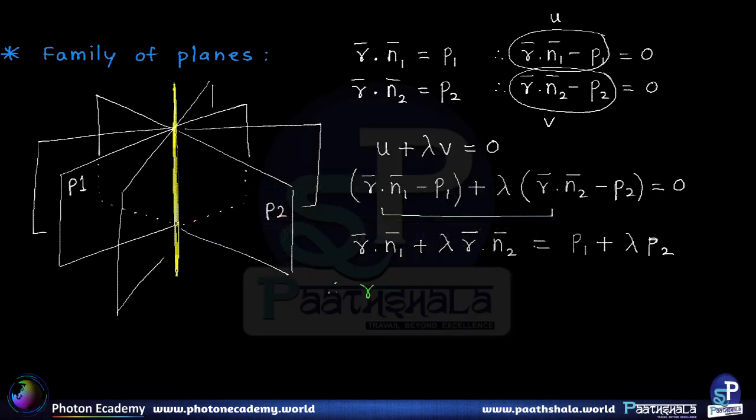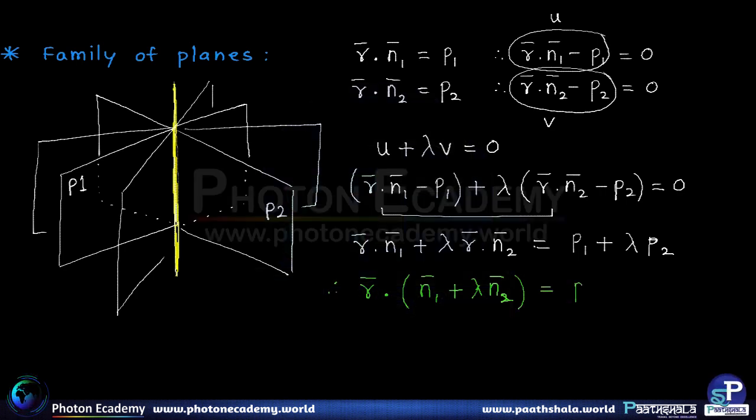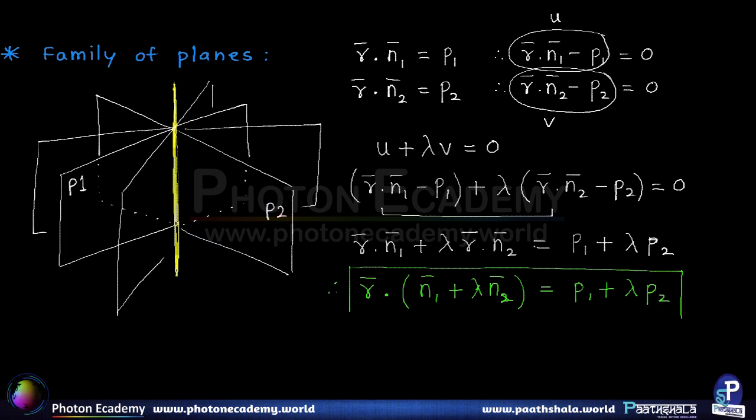So we will have r bar dot, we have n1 bar plus lambda times n2 bar, using the simple rules of handling scalar product, is equal to p1 plus lambda times p2. Okay. So this is the vector form of the equation of any general member of this whole family of planes.